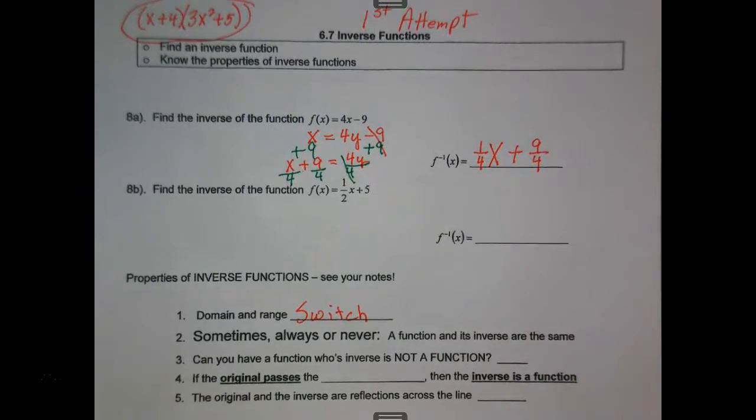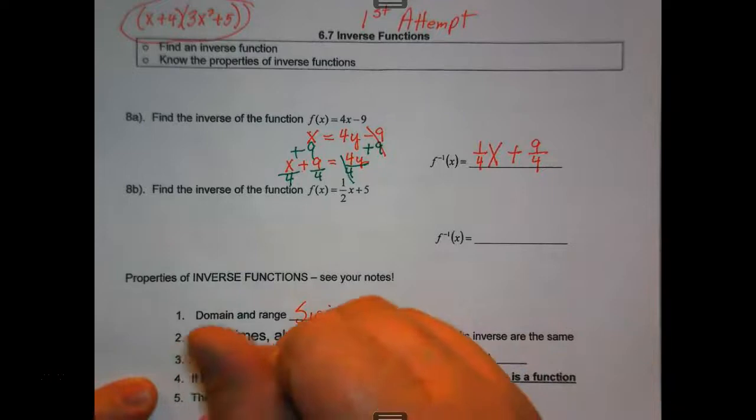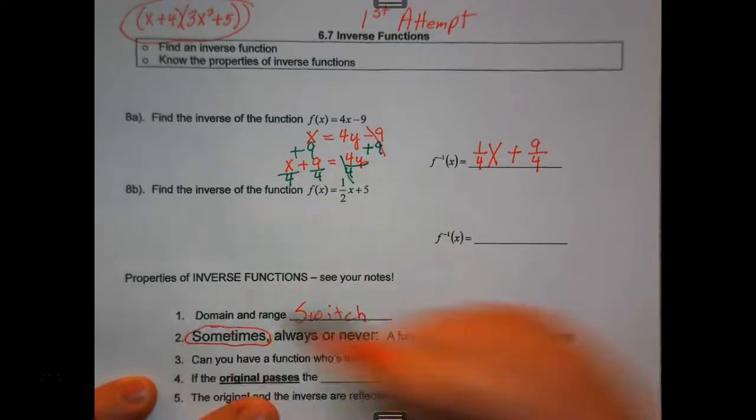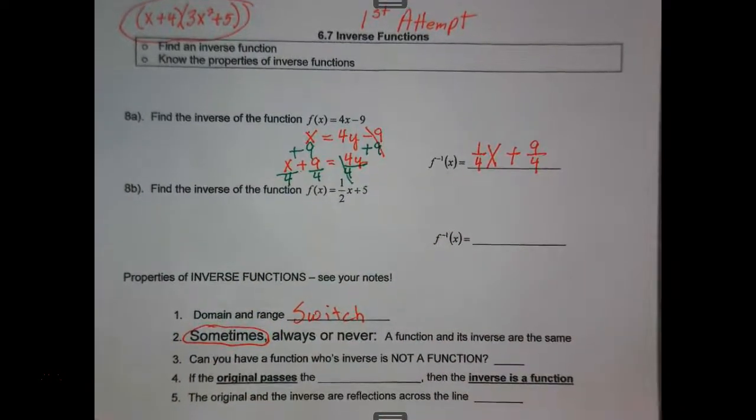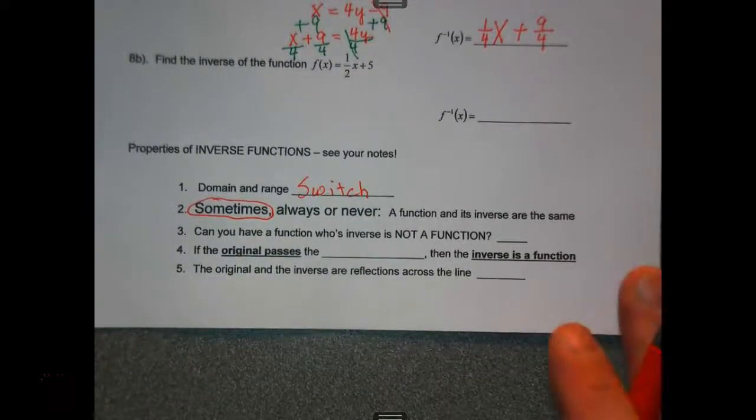Sometimes, always, or never, a function and its inverse are the same. Sometimes. Remember we did those 2 over x functions. Can you have a function whose inverse is not a function?